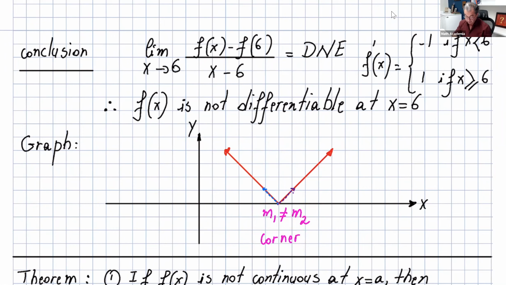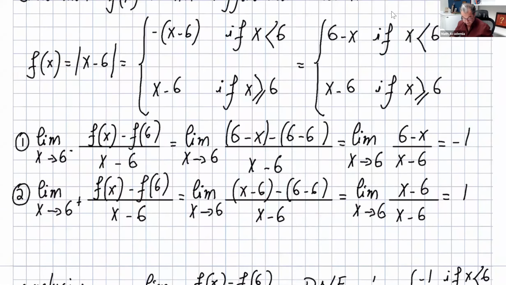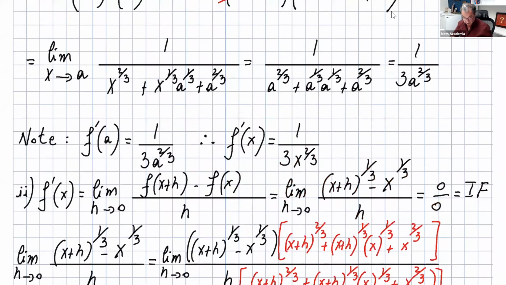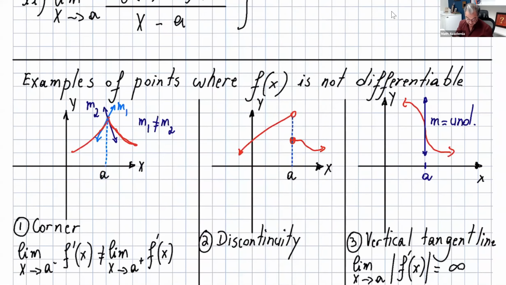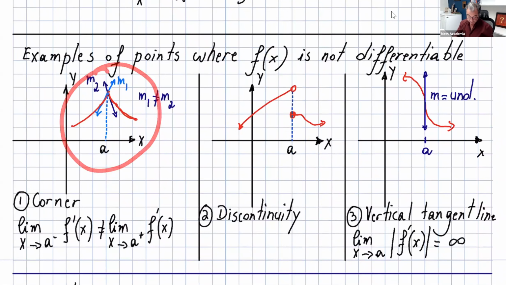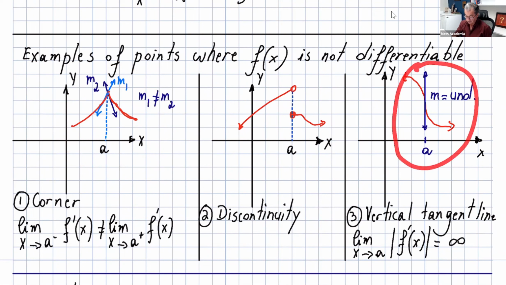So we did the two cases. The first case is the absolute value of x minus 6, and then we saw the case where we have a vertical tangent line, so that's for the cube root of x.